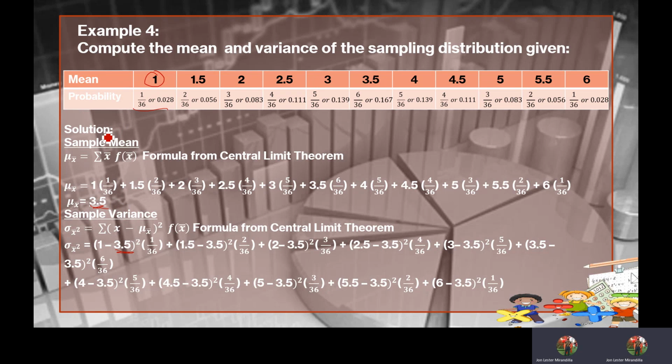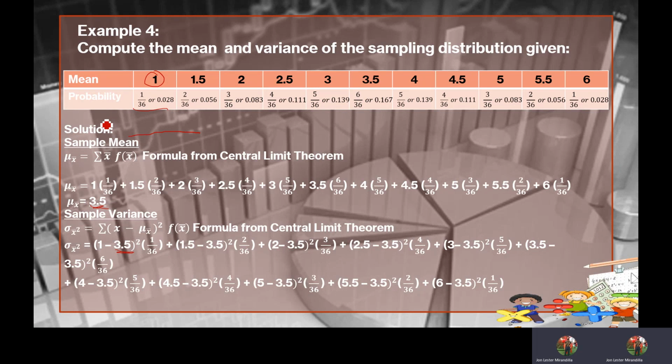So para siyang ganito. 1 minus 3.5 squared multiplied by 1 out of 36 is equal to 0.1736.